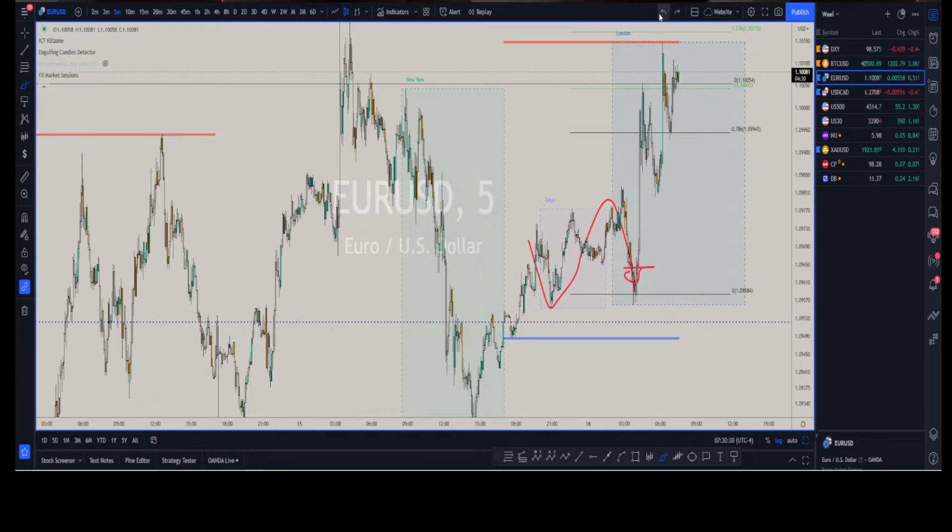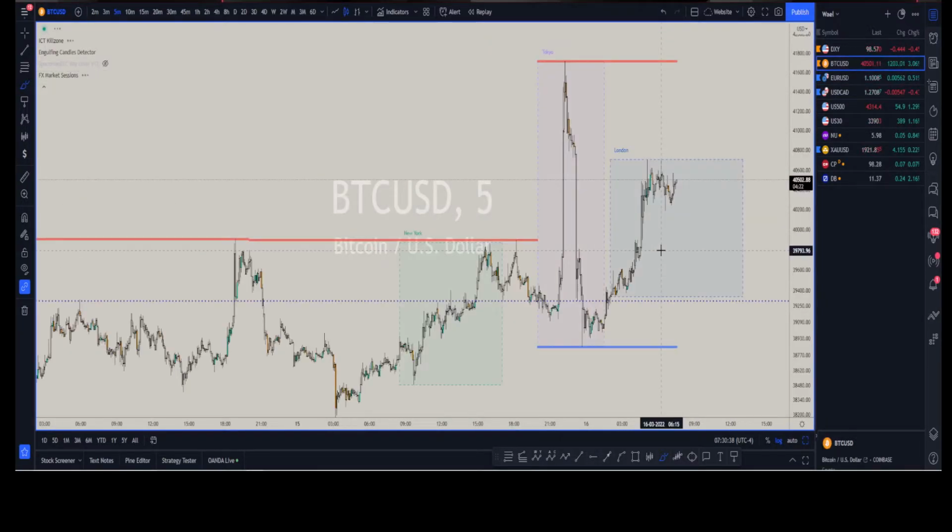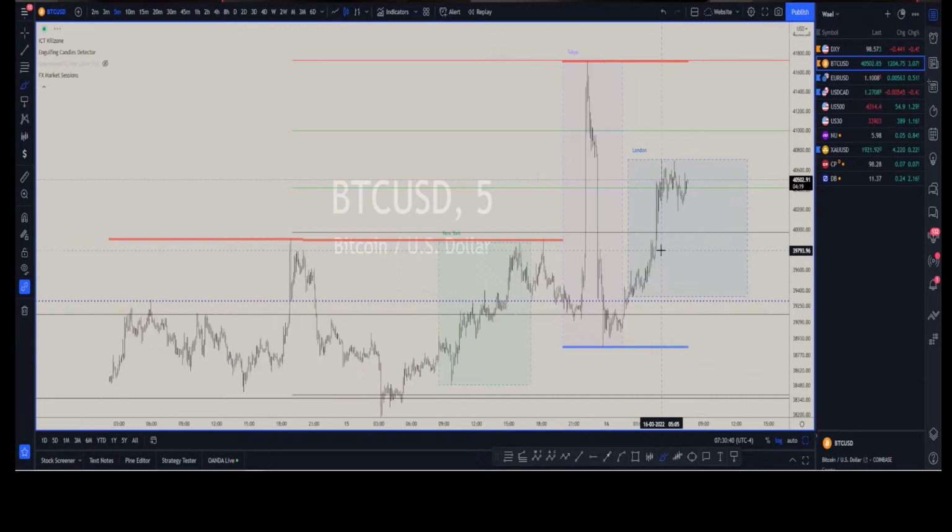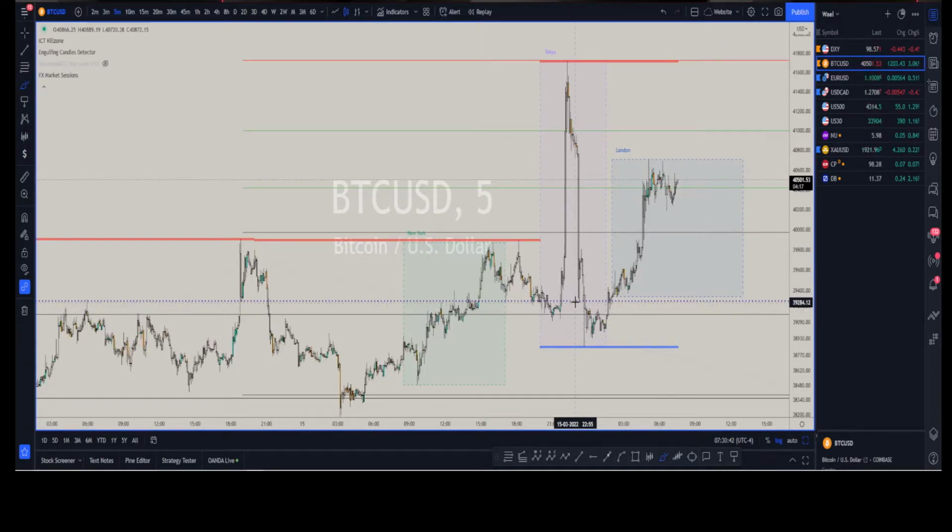Yeah. Like even in BTC, it was so clear. You know, Asia took out the highs, Asia took out the lows again, and broke structure on the 15-minute on BTC. On the retest, I took it, with the stop loss really tight, like really tight.